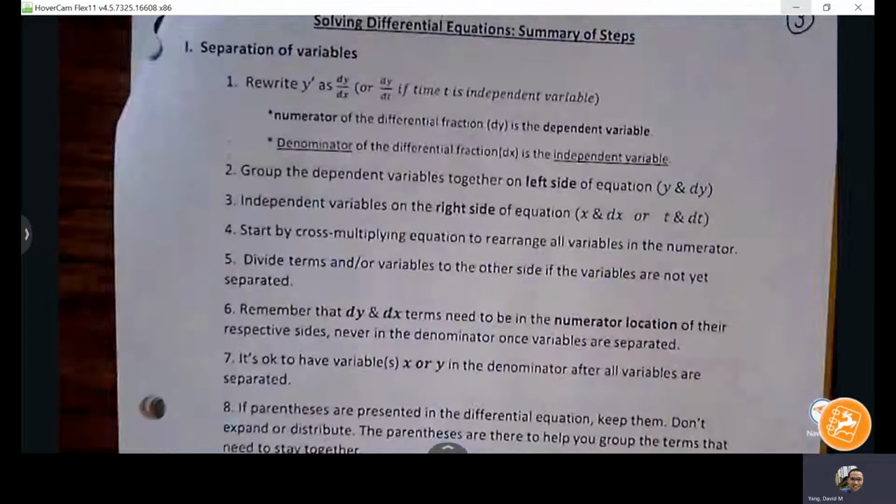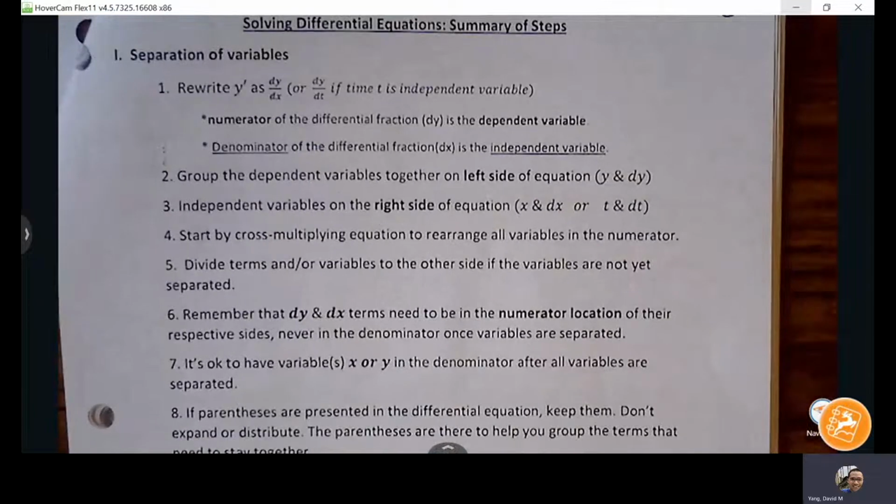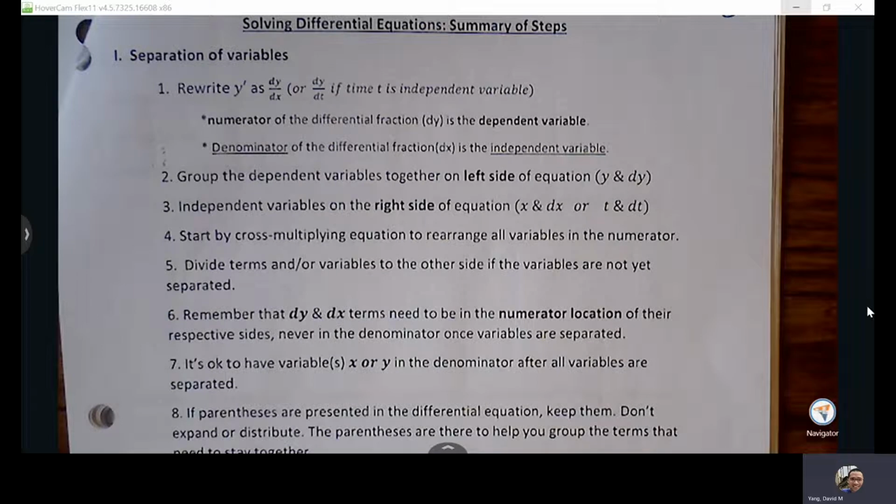If you go to page 3, these are the summary of steps that I highlighted as we're working through the problems from yesterday. So just want to refresh our memory with what we covered yesterday, and we'll definitely do a lot more solving differential equations next week, as we prepare for the test, but no test next week, it'll be the week after.